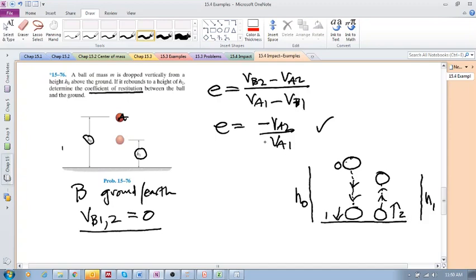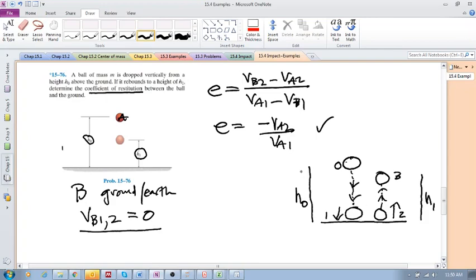That makes sense, because remember, your coefficient of restitution, initial and final, is right before it hits the ground and right after, rather right before impact and right after impact. So don't get confused with state 0 and state 3. They have pretty much nothing to do with the coefficient of restitution. It is only right before impact and right after impact.